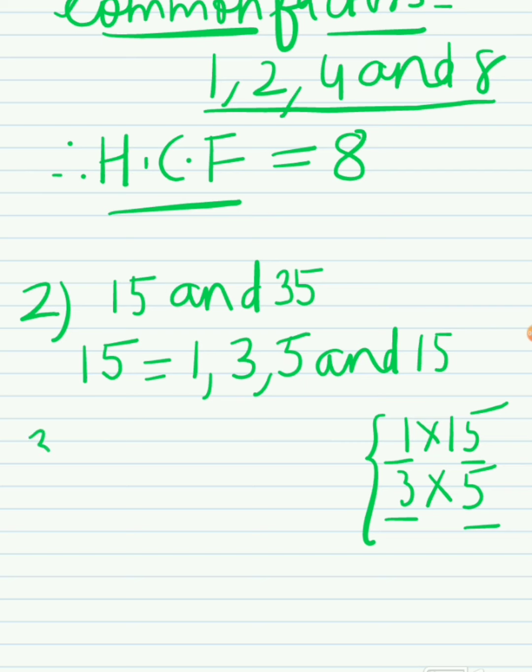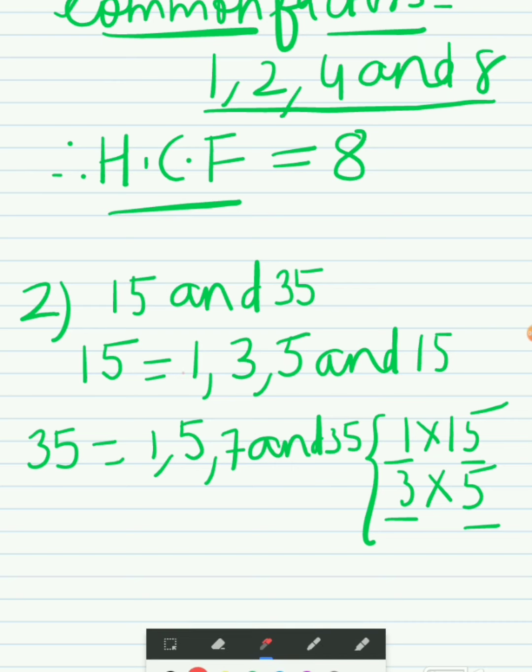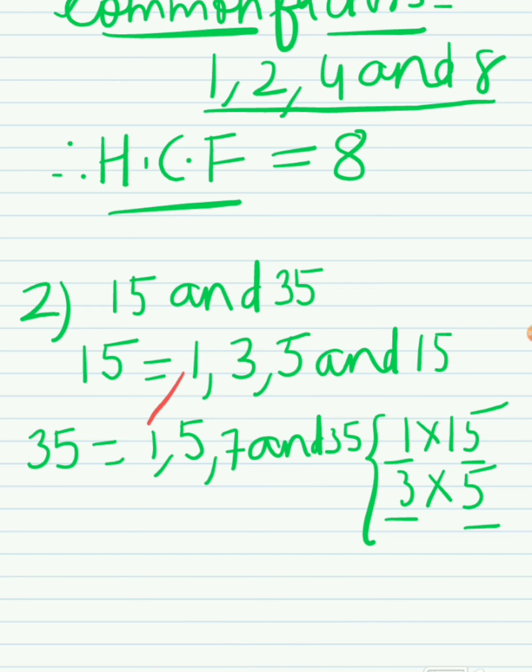Now 35 factors. 35 factors are 1, 5, 7 and 35. Now we have to see which factor is common. 1 is common and 5 is common.